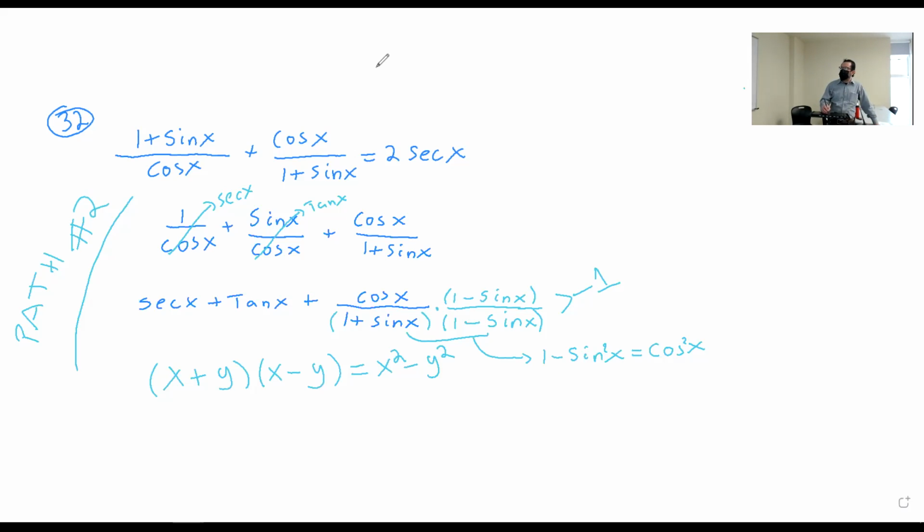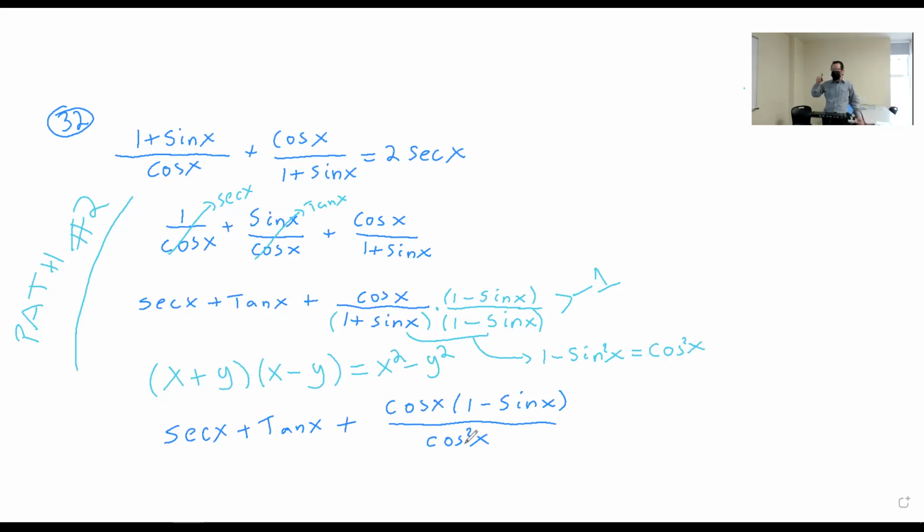So if I do that, what I'm going to get is secant of x plus tangent of x plus cosine of x multiplied by 1 minus sine of x, and in the denominator, these two multiplied are going to give me cosine squared of x. Now I can separate everything.